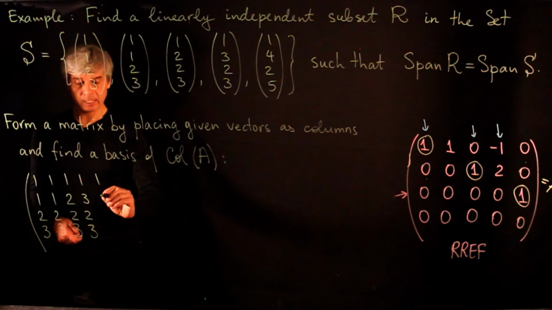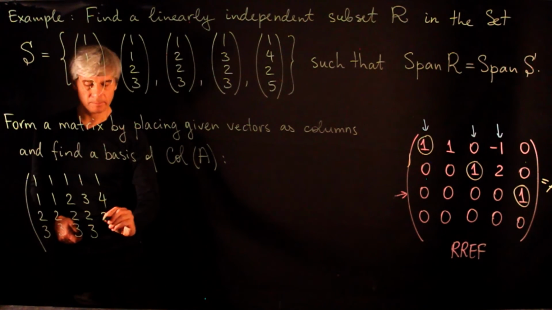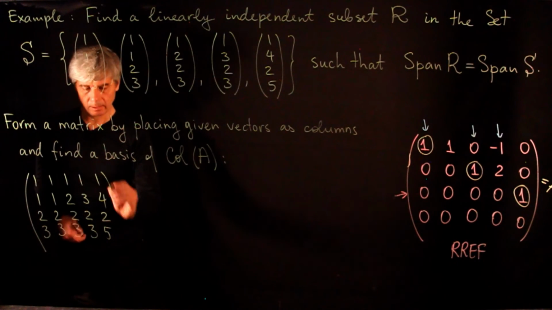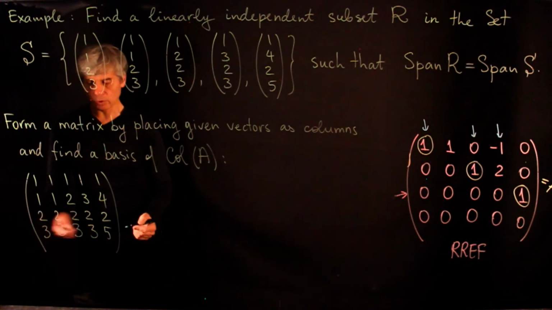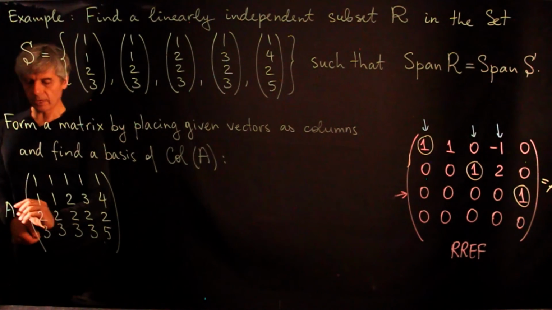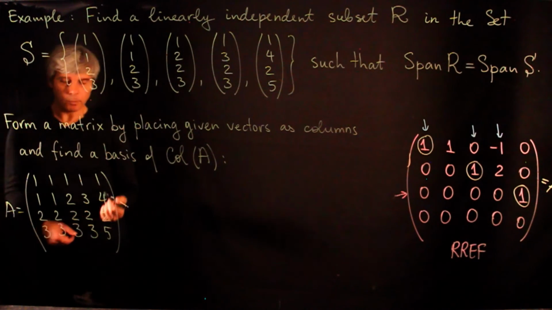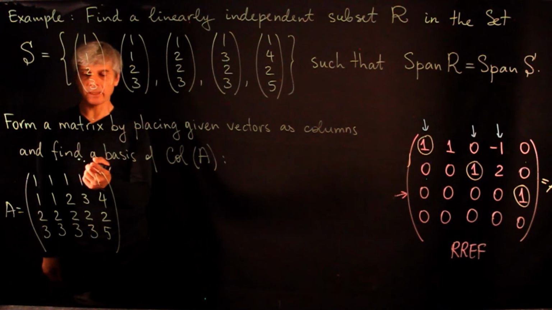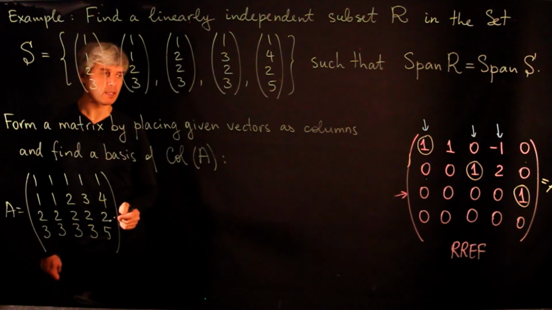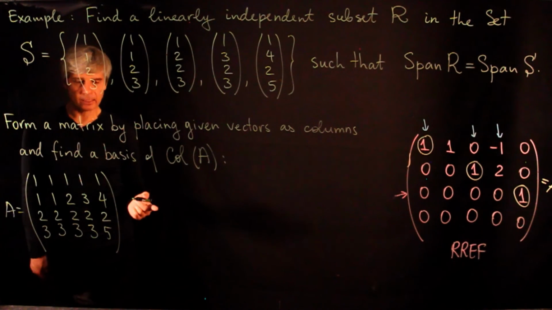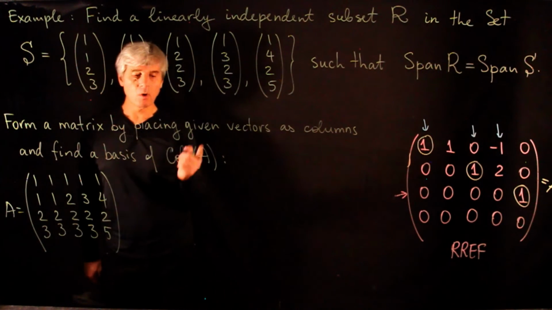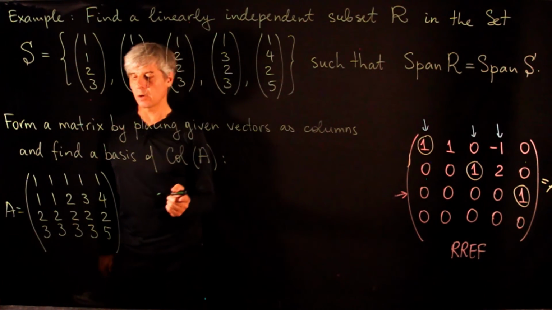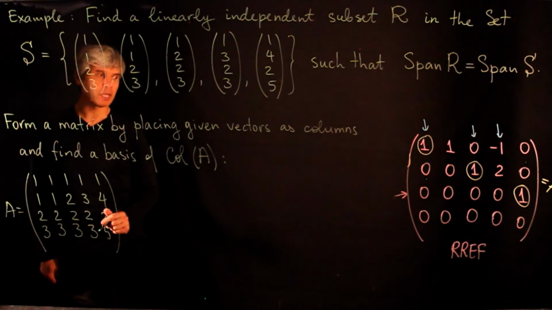But nonetheless, what's important is the conclusion that we make here. So here we have the matrix. The important point of our procedure of finding a basis of the column space of A is that this basis always consisted of the columns of the original matrix.